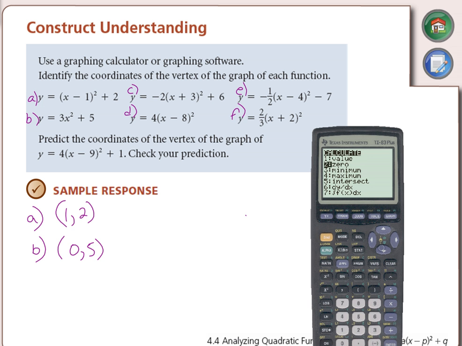Left side and right side. Remember that when you first start, your cursor is going to be on the y-axis. So you know where to look for it. There we're on the left side of the vertex. Over to the right side of the vertex. And guess what we got? Oh, we got -3, comma 6.